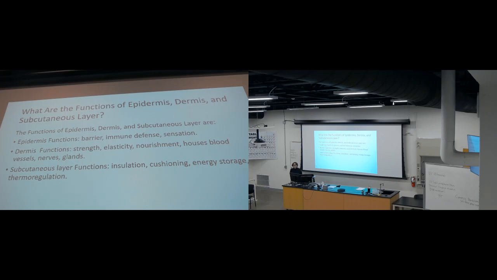Functions of the epidermis itself: it's a barrier, acts as immune defense, and is involved in sensation. Now, functions of the dermis will be providing strength and elasticity, and also nourishing the epidermis, and it houses the blood vessels, nerves, and glands.